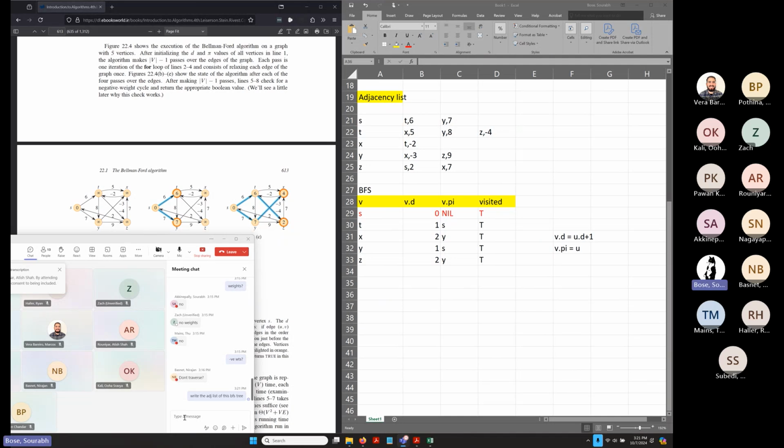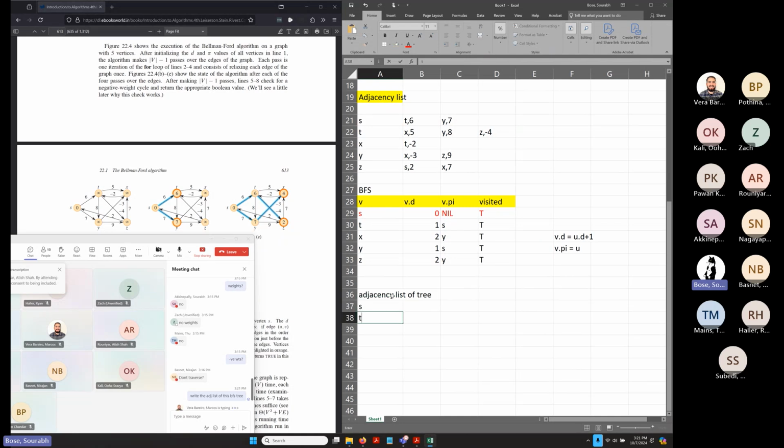Write it up in a notepad and then paste it here. The question is, I will write one as well. Adjacency list. I will write the wrong version. I want you to tell me what the right version is.